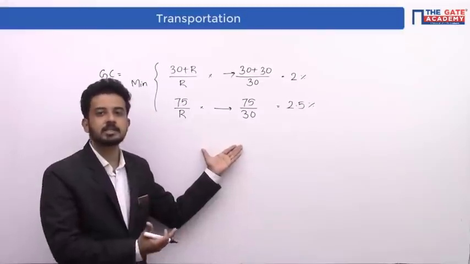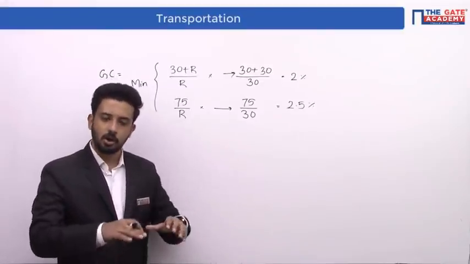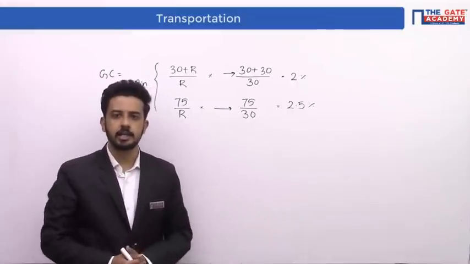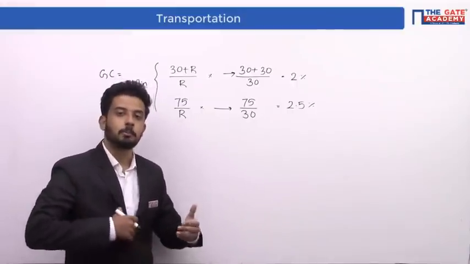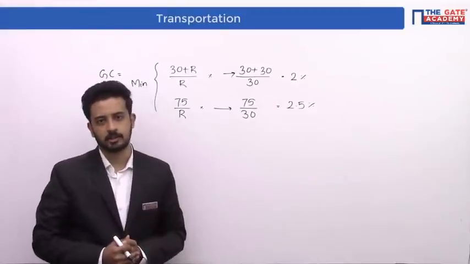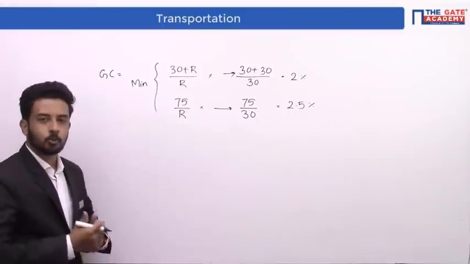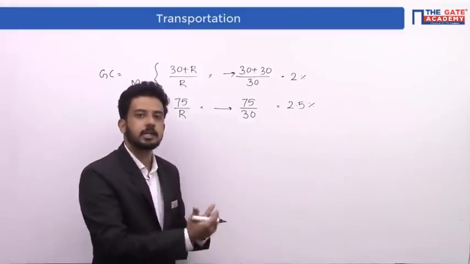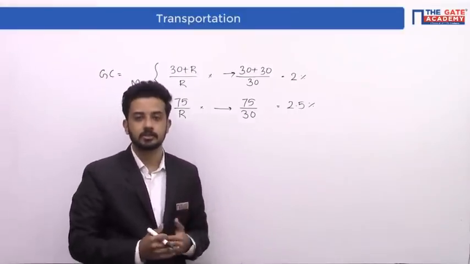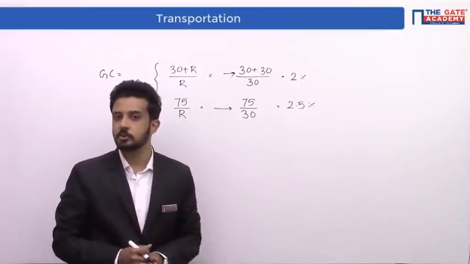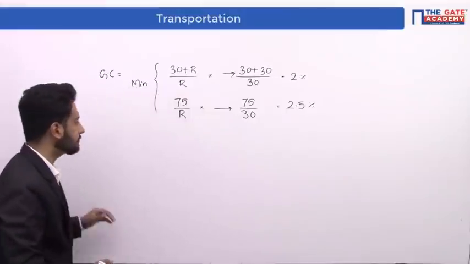After applying this grade compensation on the existing gradient, we will get a resultant gradient. It is called compensated gradient, correct? After applying this grade compensation, the gradient we obtain as a result is called compensated gradient. So what is the rule given as per IRC?